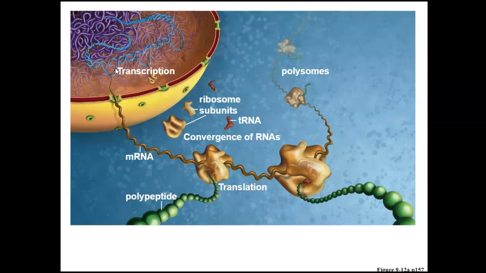Exons continue to exist and the ribosomes move along the messenger RNA, polypeptide chain grows, so the transfer RNAs carrying in the amino acids. Make sure you take some time with that diagram.